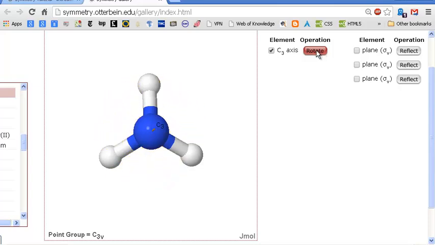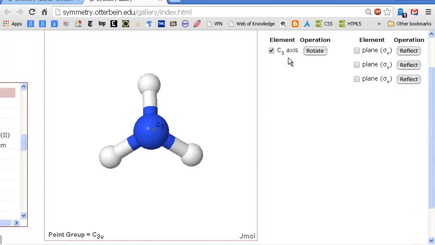So that's a C3 axis. But note that we can do one C3 rotation and then another one before we get back to the original structure. The first rotation takes the first hydrogen here. The second takes it there. And only at the third do you get it back.